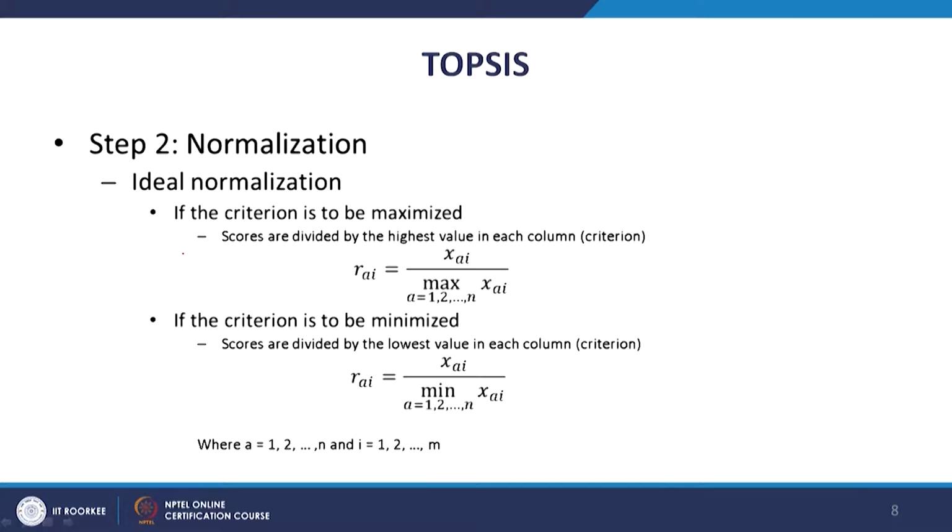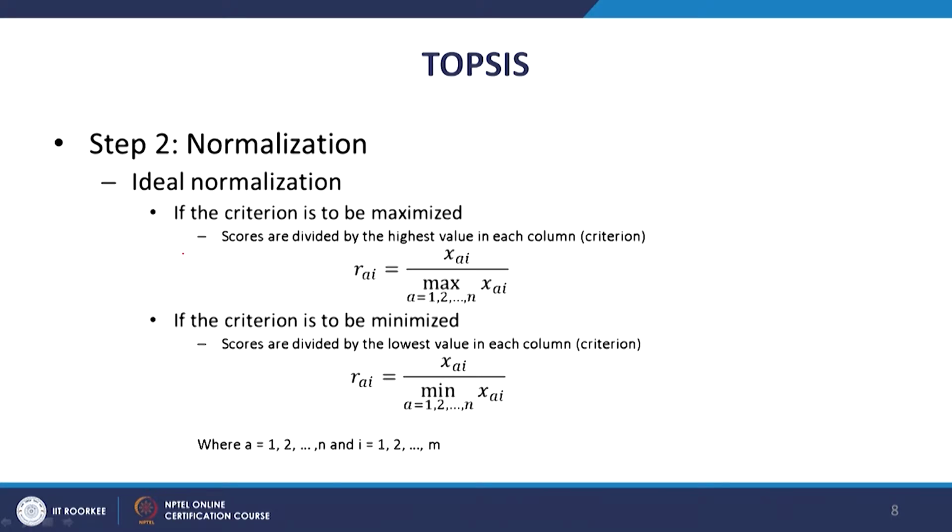As you can see in the mathematical expression, the normalized score r_ai is equal to x_ai in the numerator, divided by the minimum value of x_ai, where a is 1 to n. In this fashion, ideal normalization can be performed.